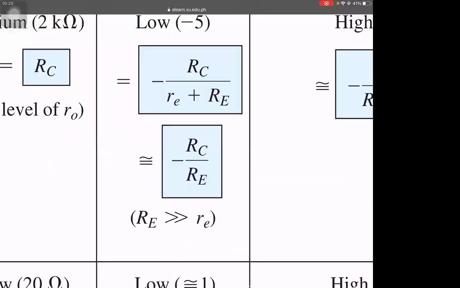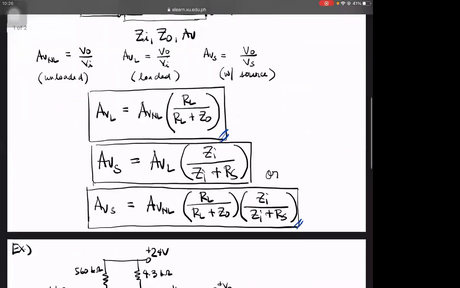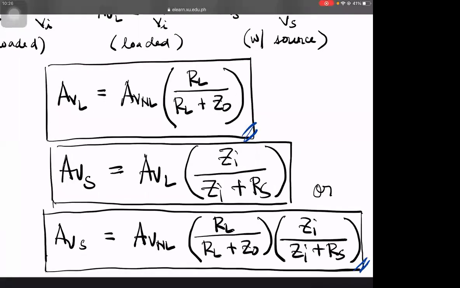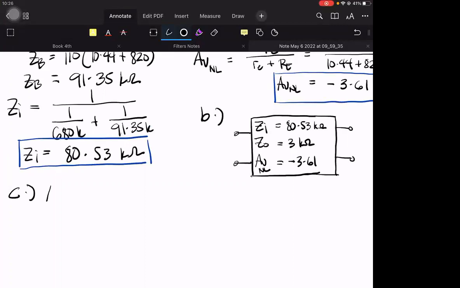AVL is AV no load times RL over RL plus ZO.